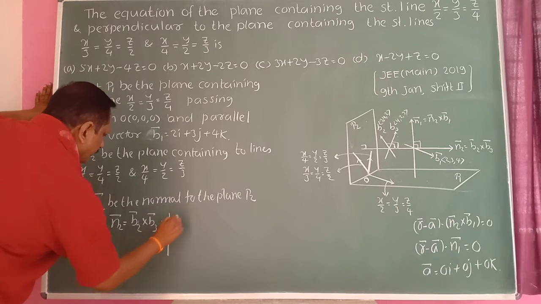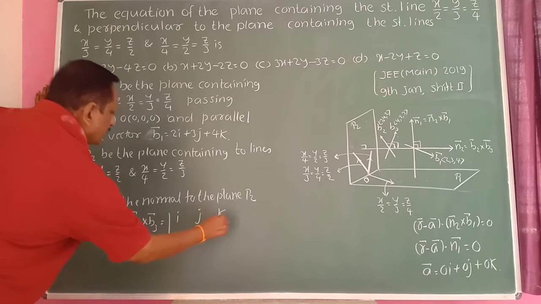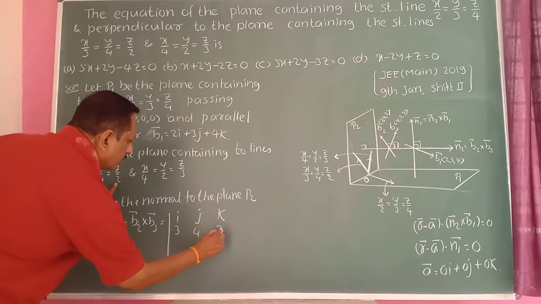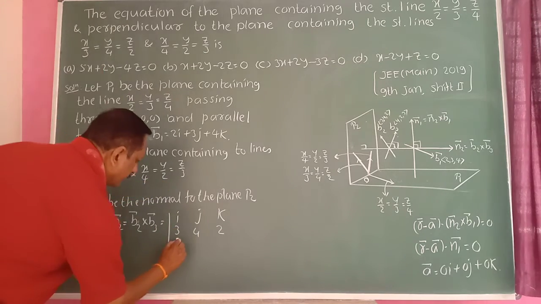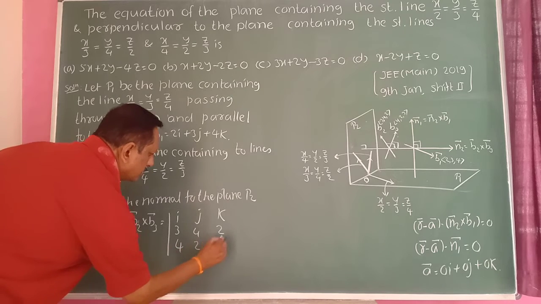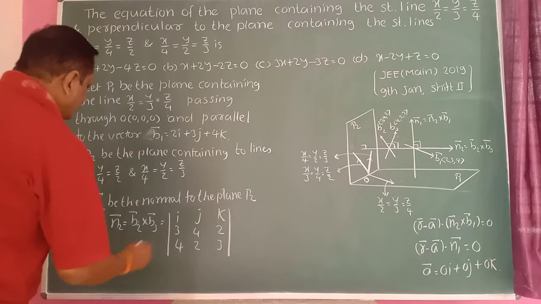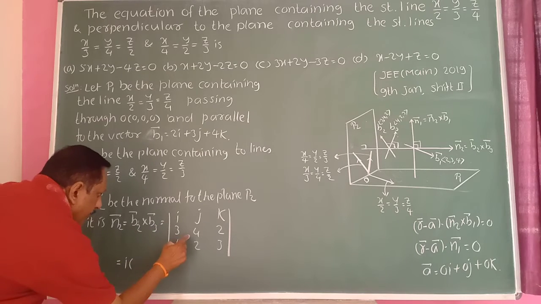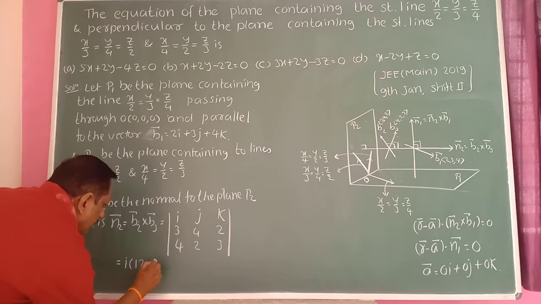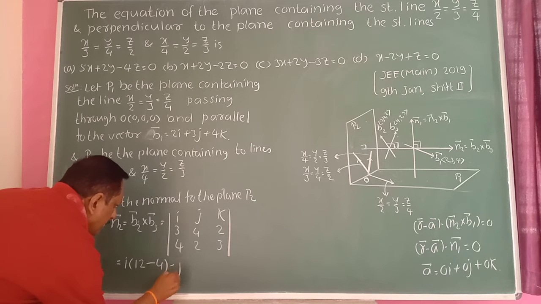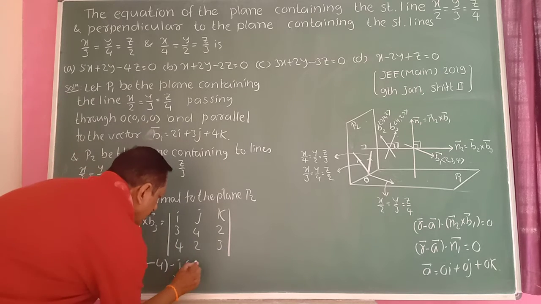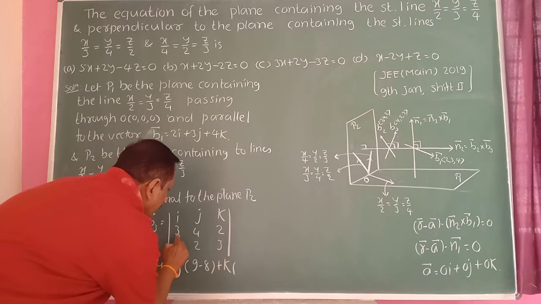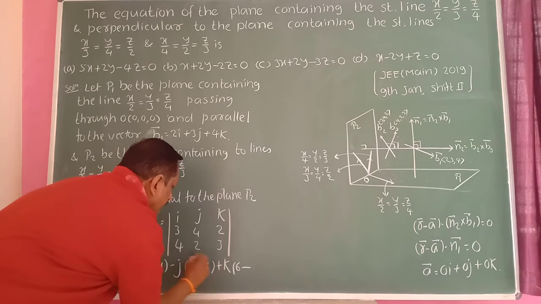Therefore, the determinant of i, j, k, then 3, 4, 2, then 4, 2, 3. Then simplify. This gives i into 4 3s are 12, minus 2 2s are 4, minus j times 3 3s are 9 minus 8, plus k times 3 2s are 6 minus 4 4s are 16.